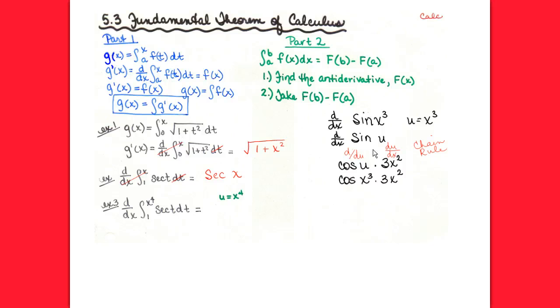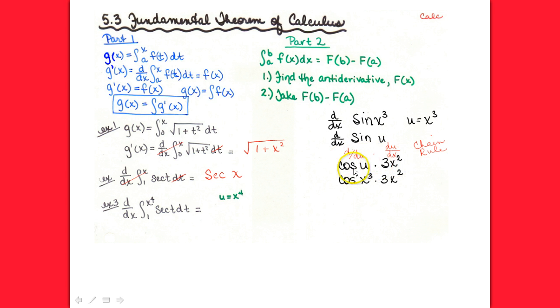Well, in order to do that, we would say the derivative of sine u is cosine u, and then we would have to go back and take the derivative of the x cubed and get 3x squared. What we were doing was chain rule, and by definition, chain rule is the derivative in terms of u times the derivative of u in terms of x.